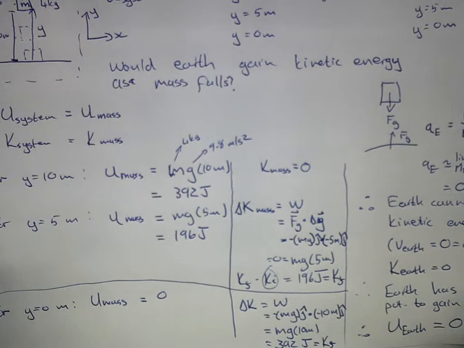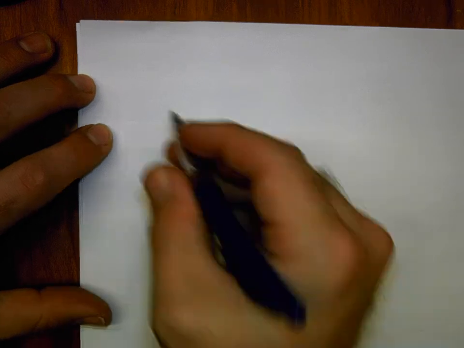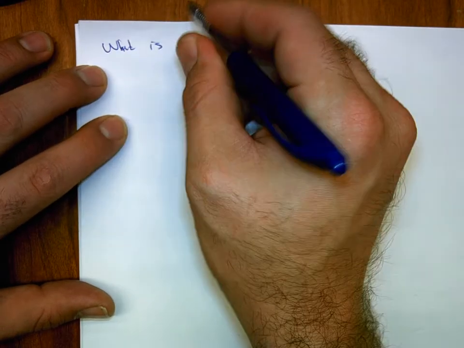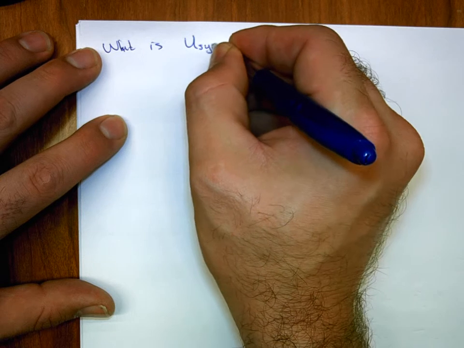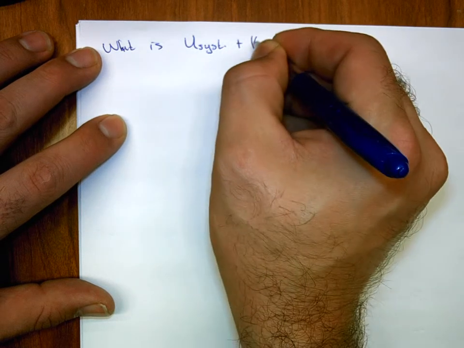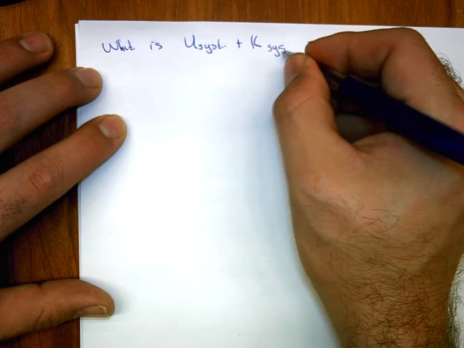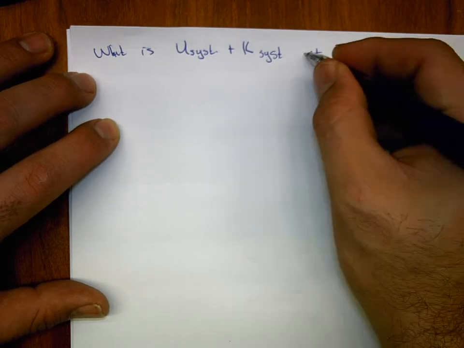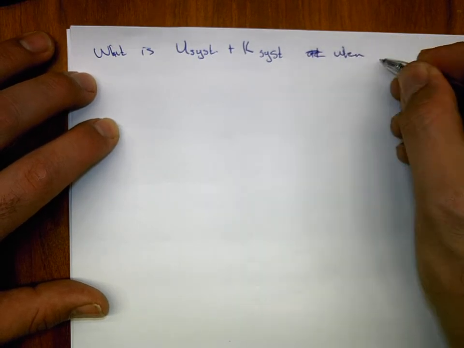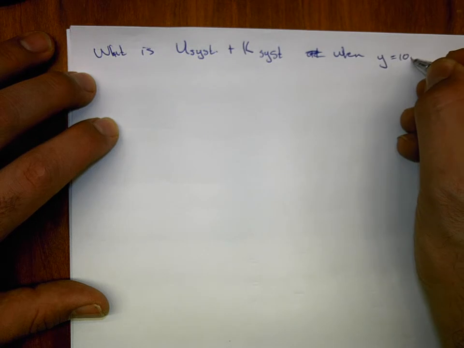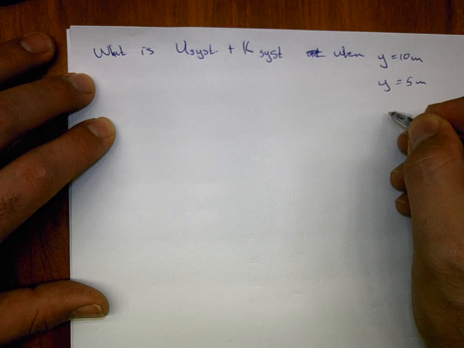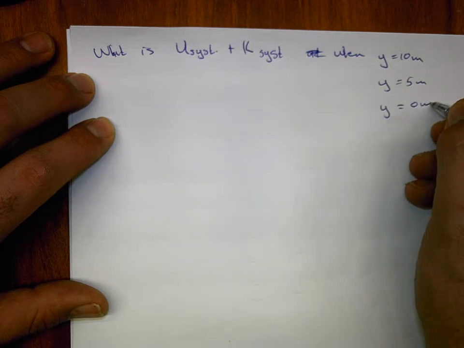So what we need to answer is, what is the sum of the potential energy of the system plus the kinetic energy of the system when y is equal to 10 meters, when y is equal to 5 meters, and when y is equal to 0 meters.